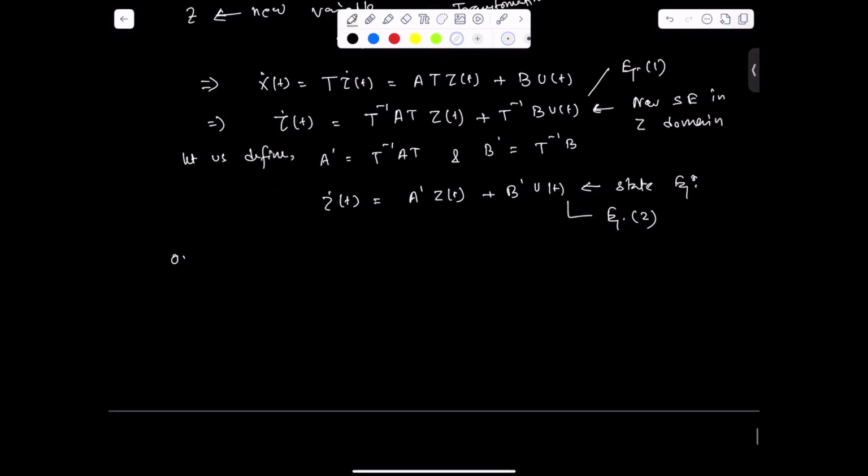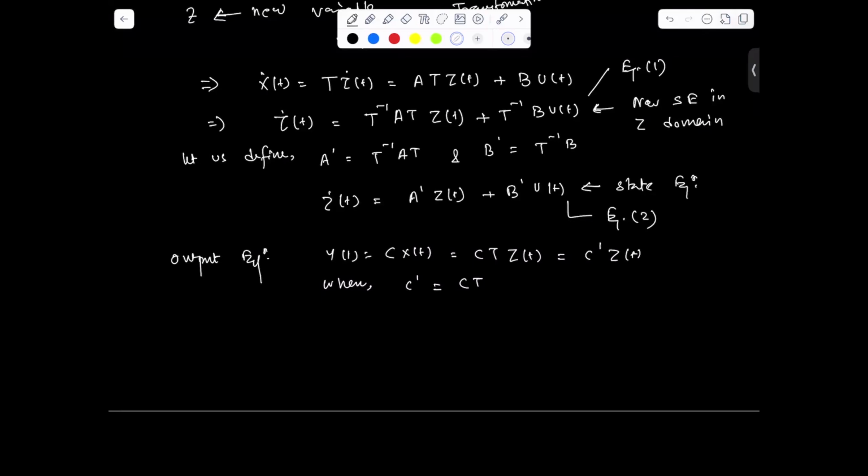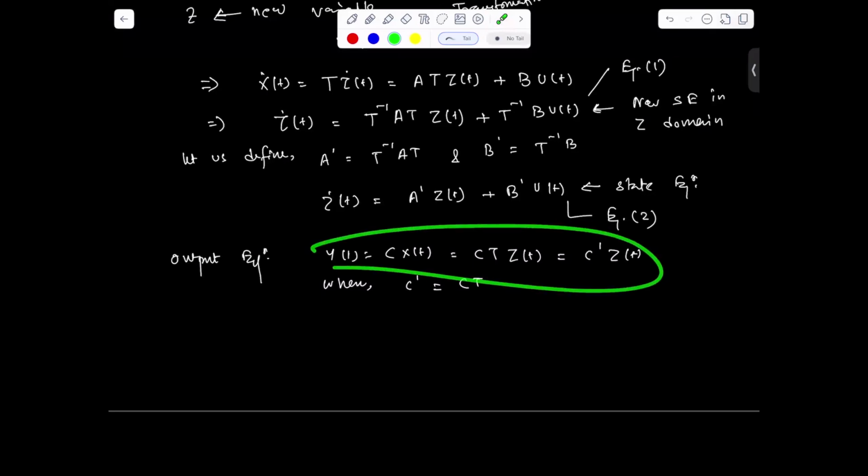And the output equation we can write y of t equal to C x(t), or we can write C T z(t), and also we can write C dash z(t), where C dash equals C T. So we have two equations: one is the state equation, and the other is the output equation.